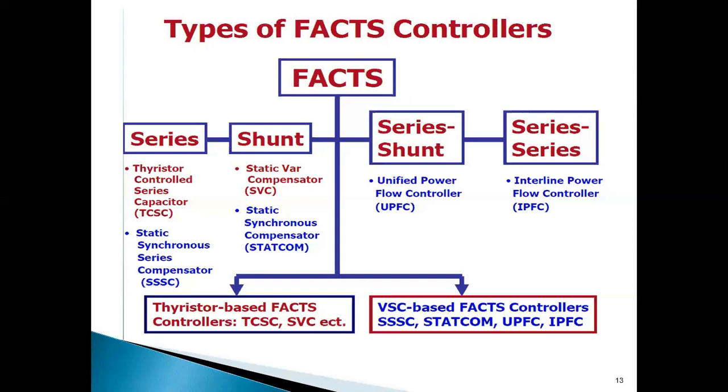When I say variable impedance type, how am I able to vary the impedance? Impedance is nothing but reactance. The transmission line reactance is varied by varying the firing angle of the thyristor. Examples are TCSC, thyristor controlled series capacitor, and SVC. There we also have a susceptance model, and the susceptance will be varied.